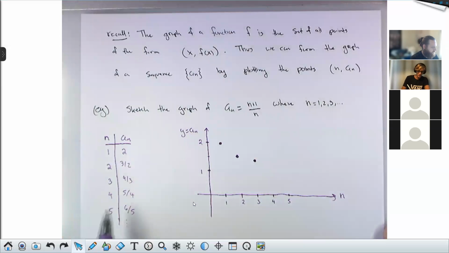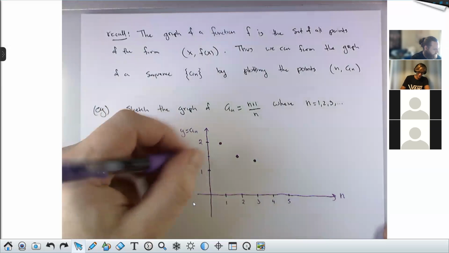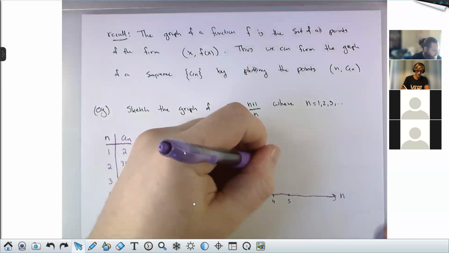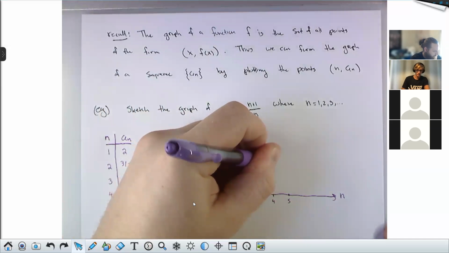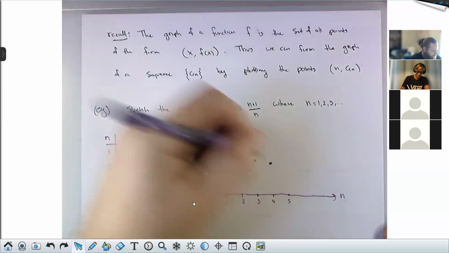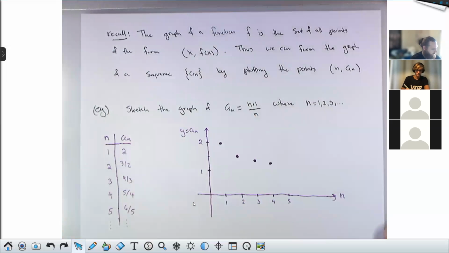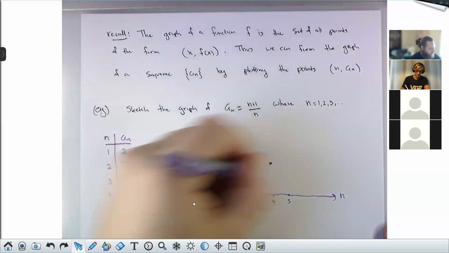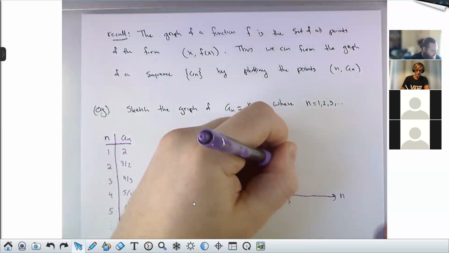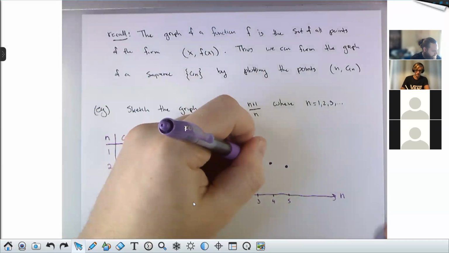The next point is 4, 5/4, that's 4, 1 1/4. A little bit smaller still, but still bigger than 1. And then after that, we have 5, 1.2. And here we go.